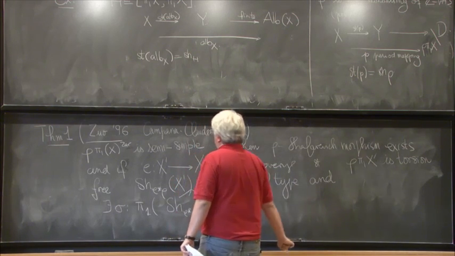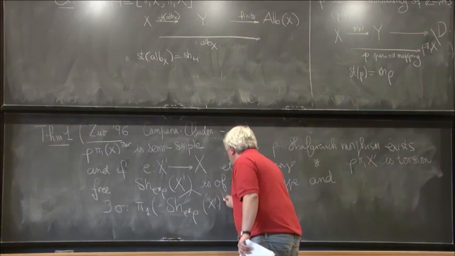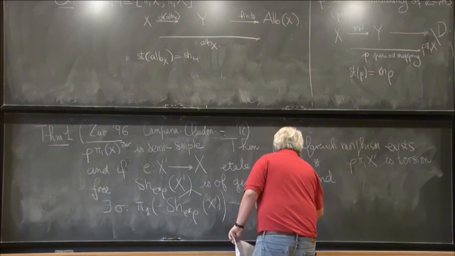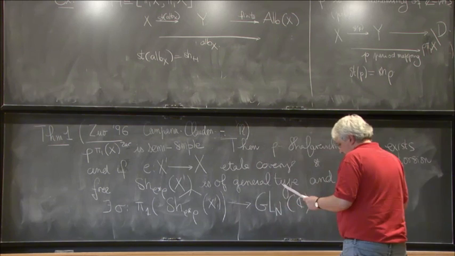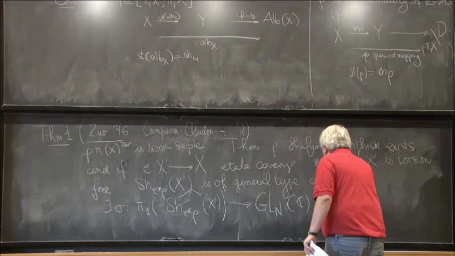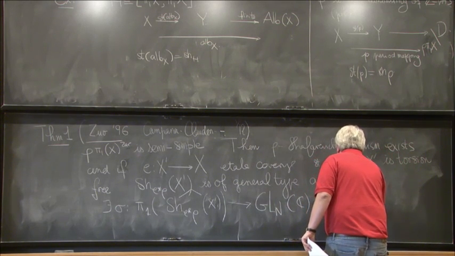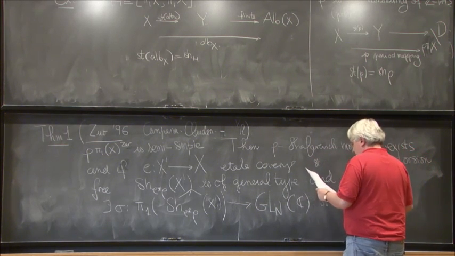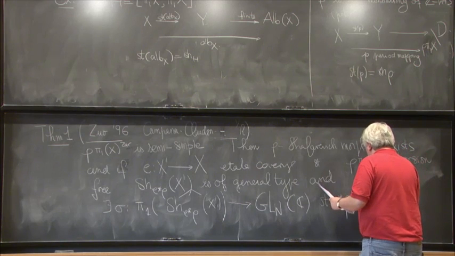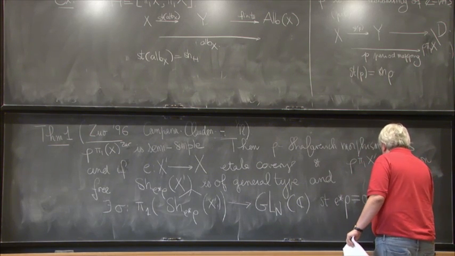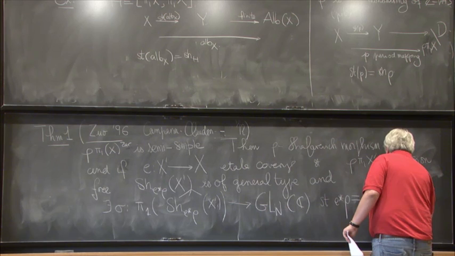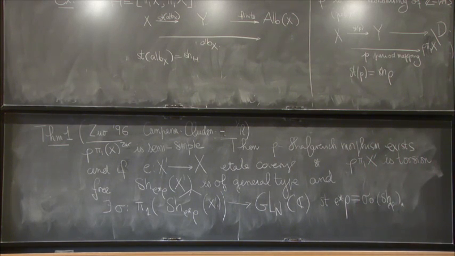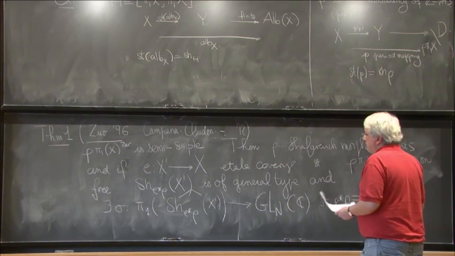let's put some hat here, to GL_N(C), so that the pullback of ρ to X' factorizes through the Shafarevich morphism.